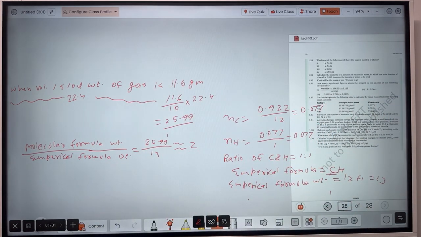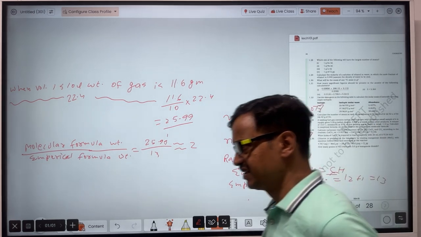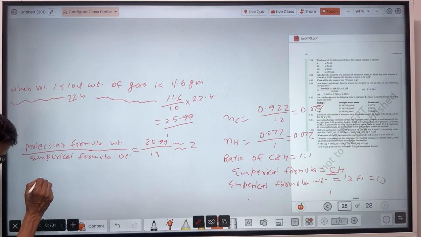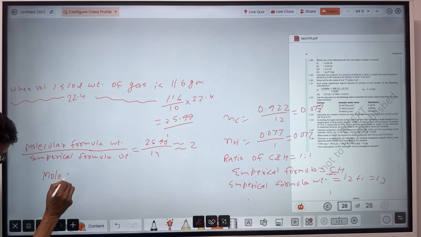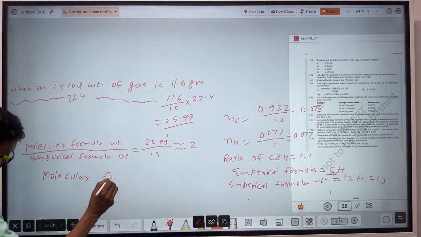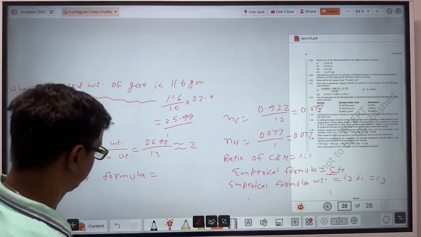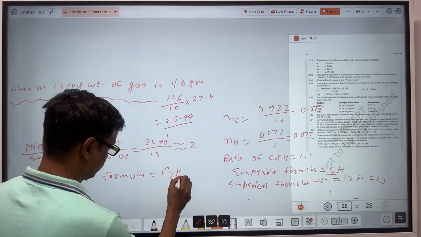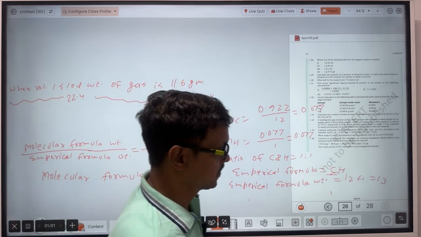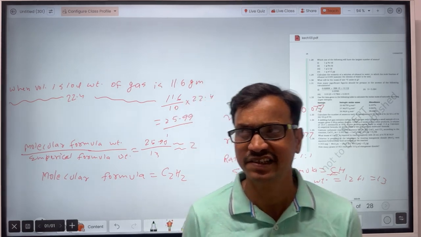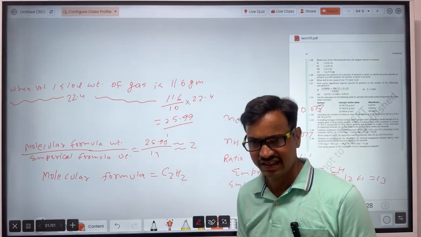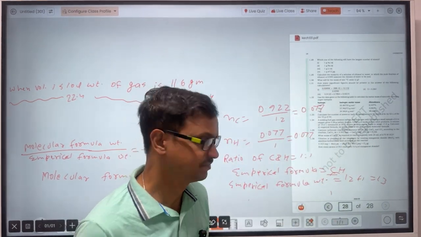So when you multiply by 2, then you will get the molecular formula. So hence molecular formula will be C2H2, that means that is acetylene or ethine. Okay.